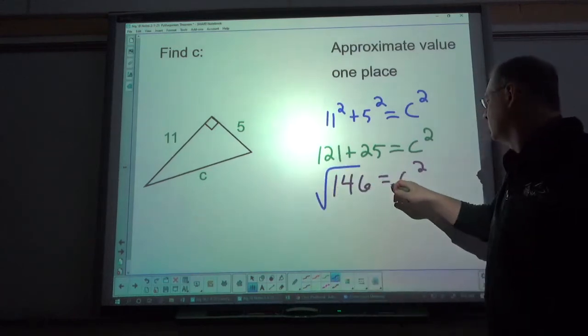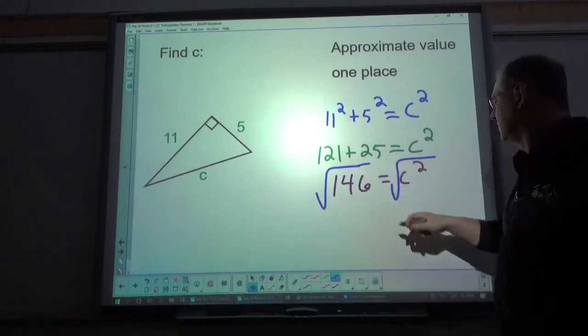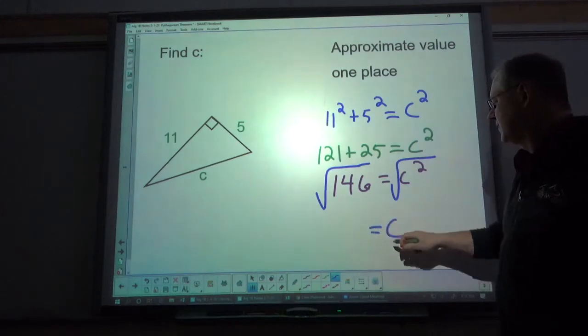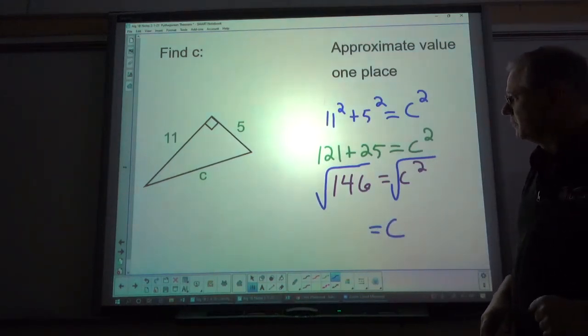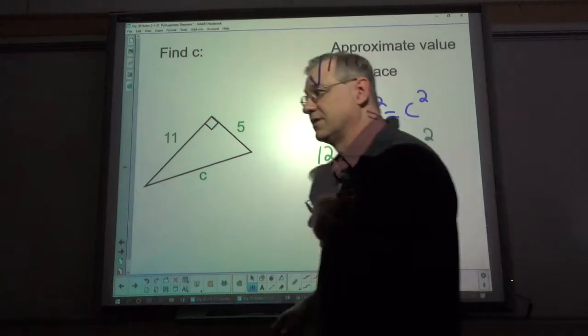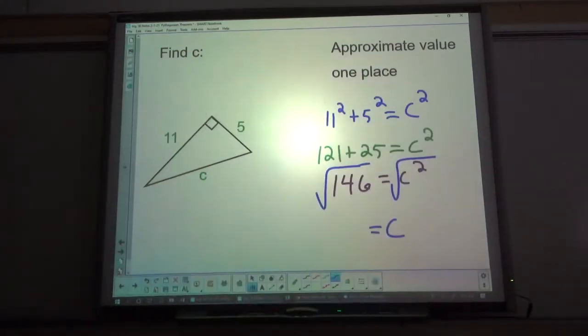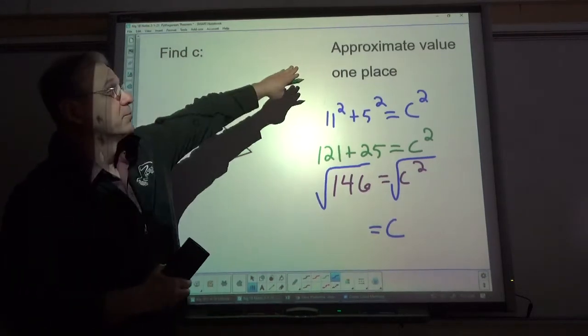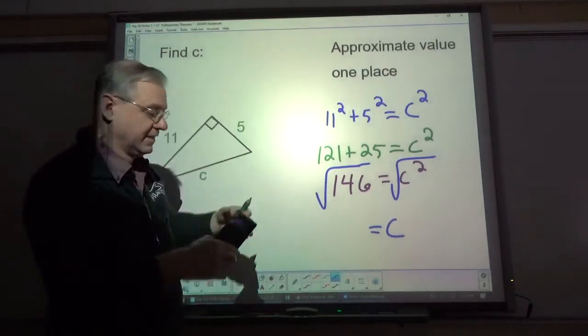I square root both sides. C. Now, be aware you're going to need a calculator for this one. In this problem, C is the square root of 146. We're approximating, not simplifying.